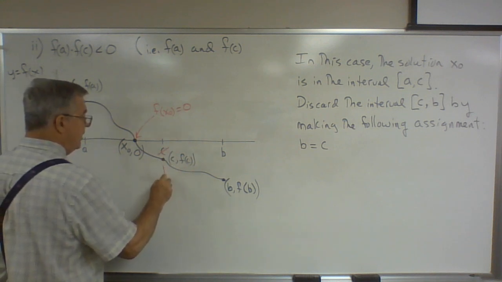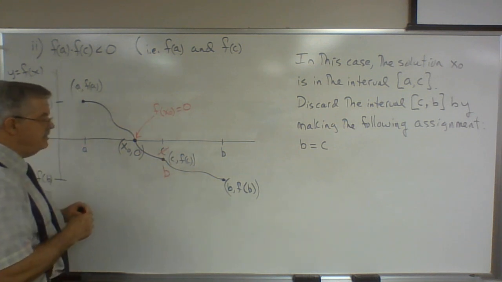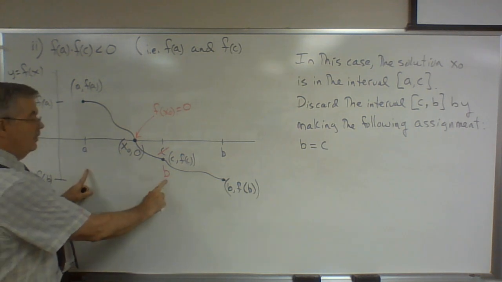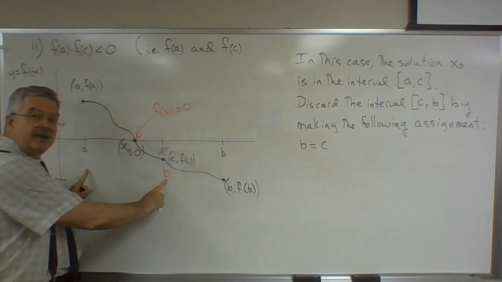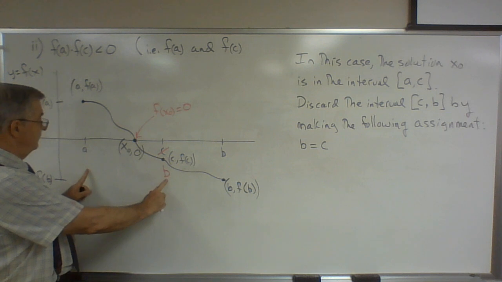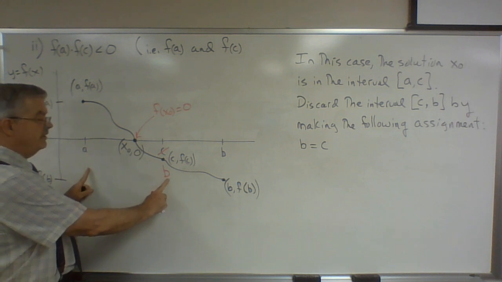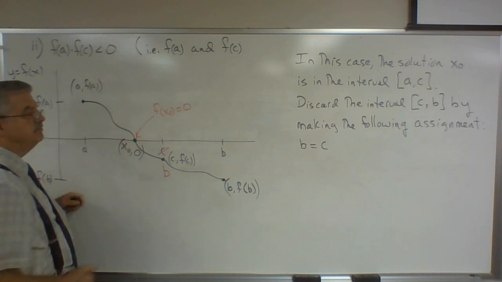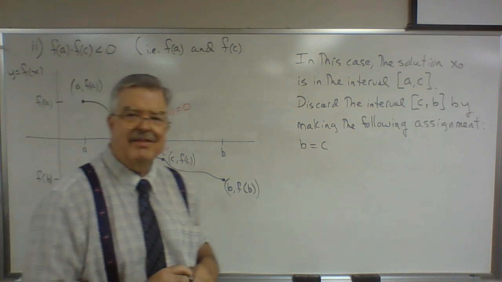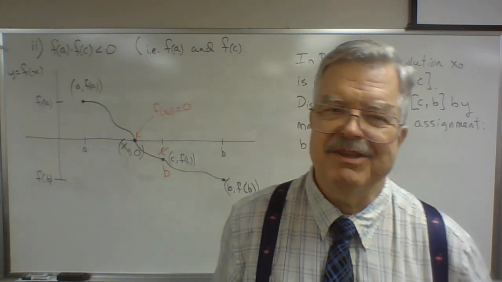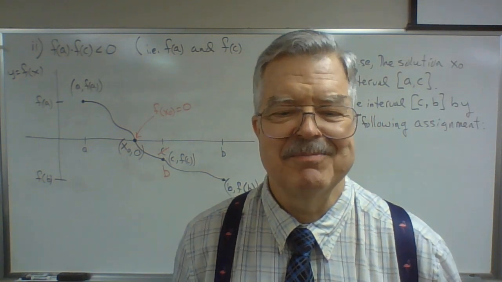This is now our new B. And we're working with this interval from A to B. This interval from A to B with the new value of B now contains our solution. That's so clever, so devious, so sneaky, I just love it.